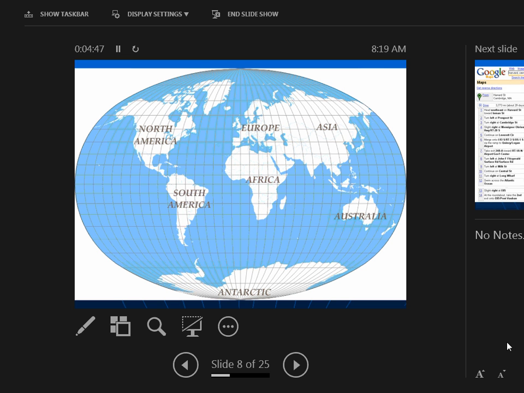What about relative location? Can you give me an example of relative location? That's good. It's referencing something else. It's in relation to this other thing. So that's relative location, which we tend to use more often.